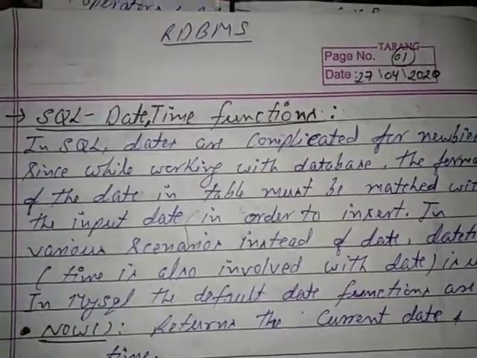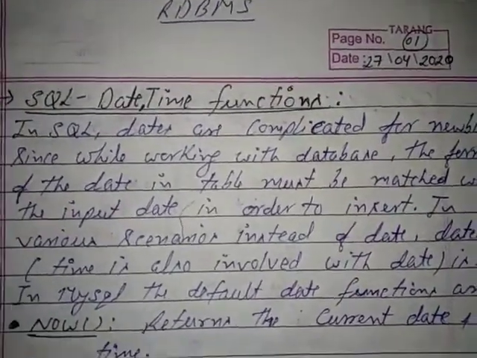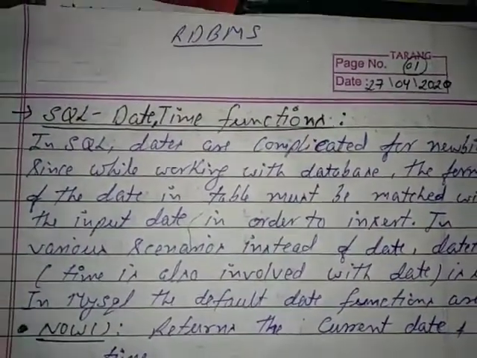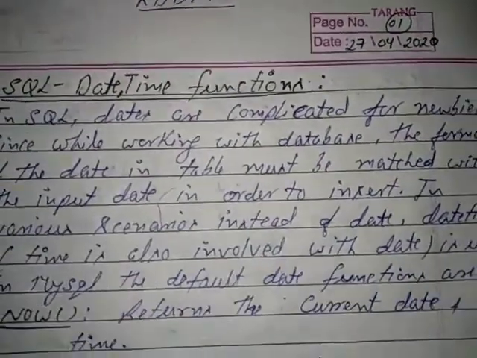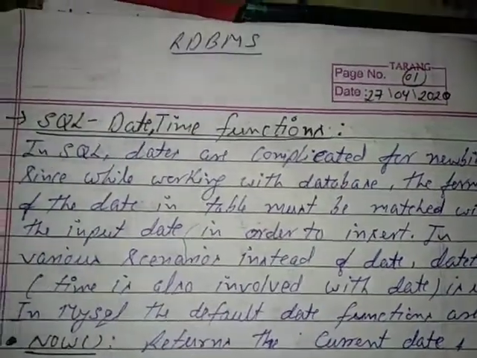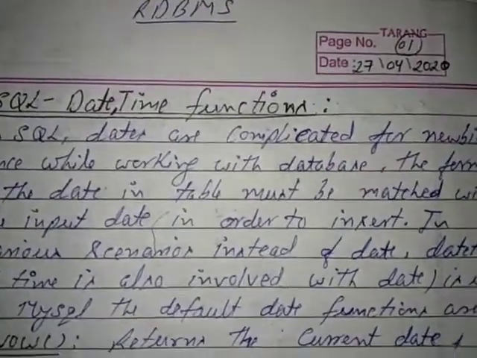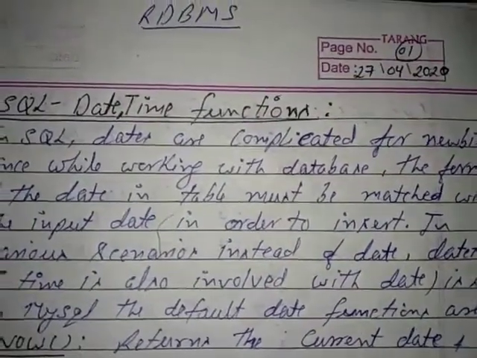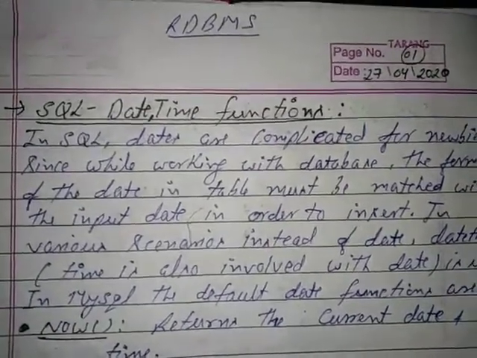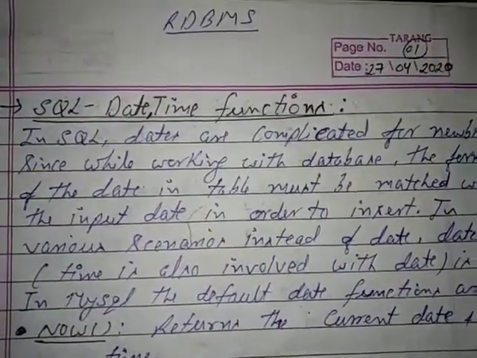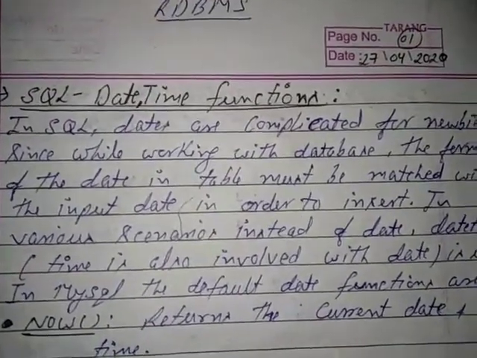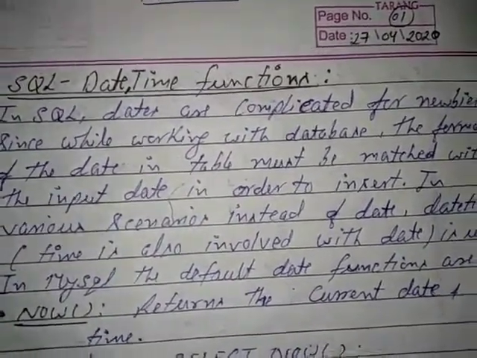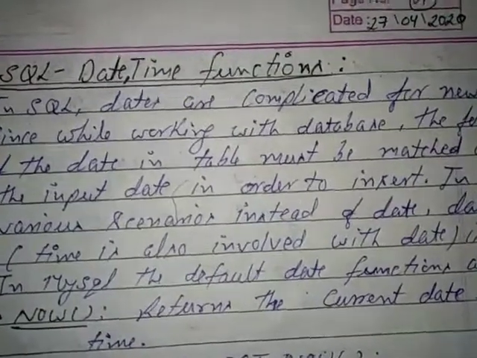Basically, the date time functions in SQL deal with the date format you input and the actual date format in the database. If both date time formats do not match, then the data would not be inserted into your database properly.